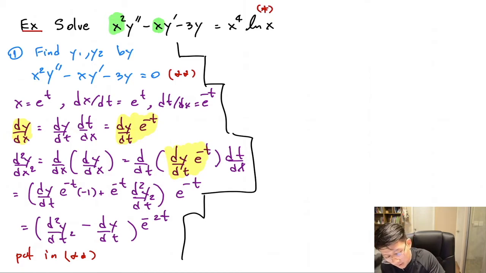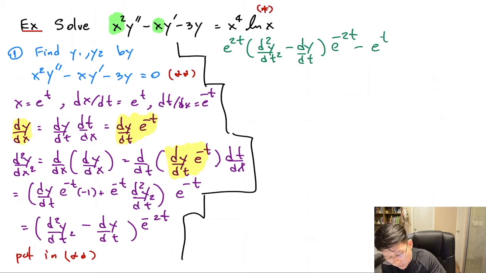We have x squared, which is e to the 2t, times y double prime, which is d squared y by dt squared minus dy by dt, times e to the minus 2t, minus x, which is e to the t, times y prime, which is dy by dt e to the minus t, minus 3y equals 0.